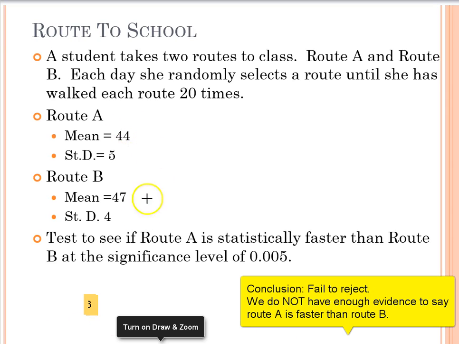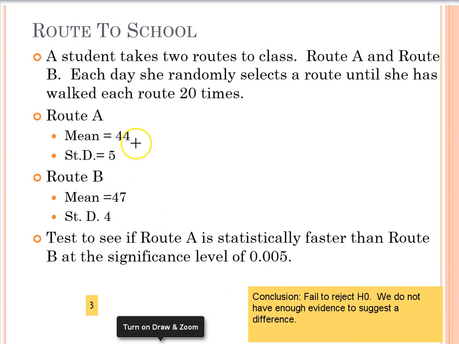While we do find a difference between these two routes in the sample, we just don't have enough evidence to suggest that Route A is actually faster than Route B. Our sample says that Route A is faster than Route B, but this may just be due to sampling variation. If we were to sample again, we might see that Route A is actually slower than Route B.